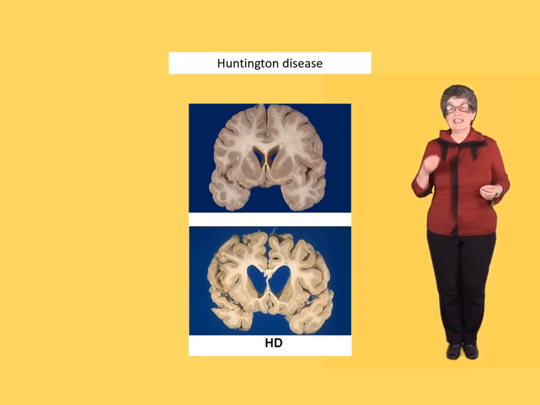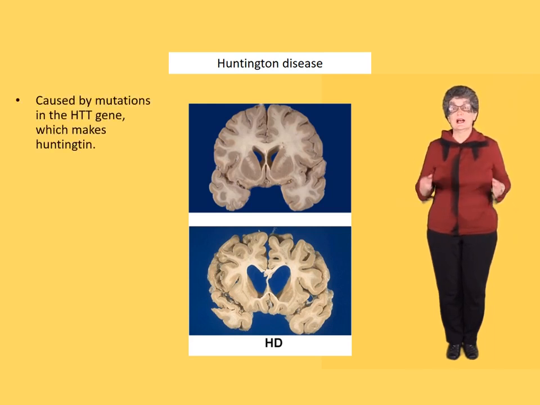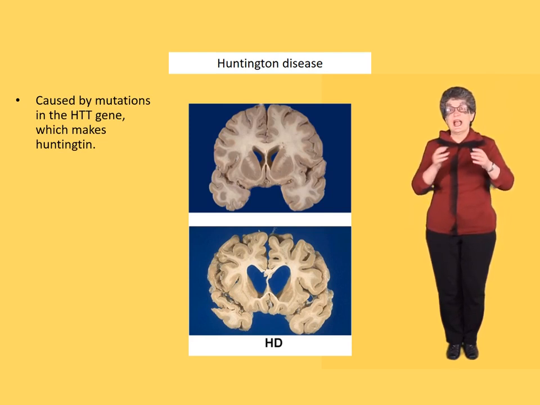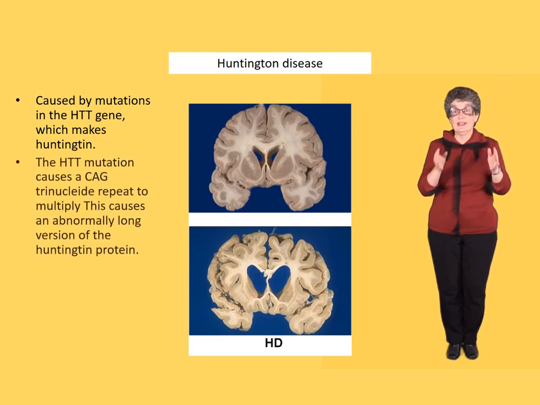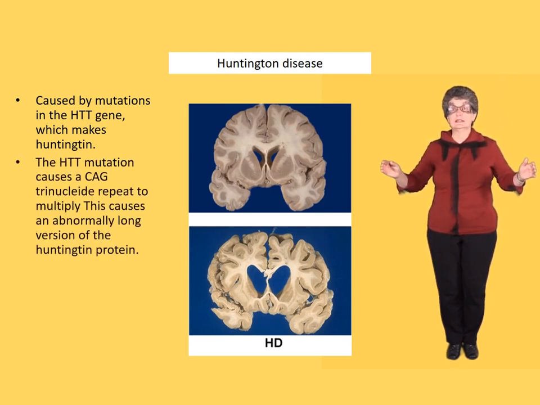Huntington's disease is another disease caused by abnormal proteins. In this case, it's caused by mutations in the HTT gene, which makes Huntington. The HTT mutation causes a CAG trinucleotide repeat sequence to grow longer and longer.